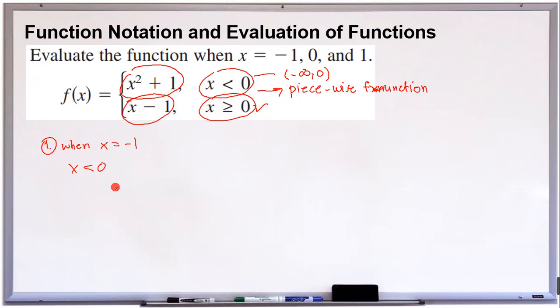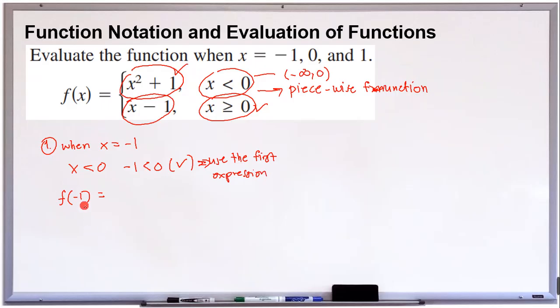Therefore, we're going to use x squared plus 1 instead of x minus 1. Negative 1, isn't it less than 0? So this is okay. So the f of negative 1 is equal to this first expression. So again, use the first expression.